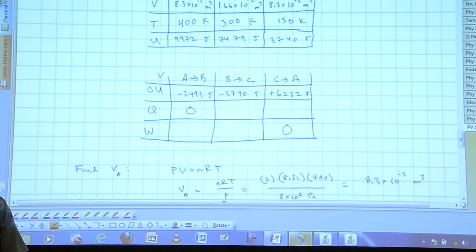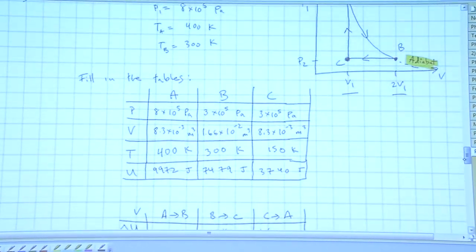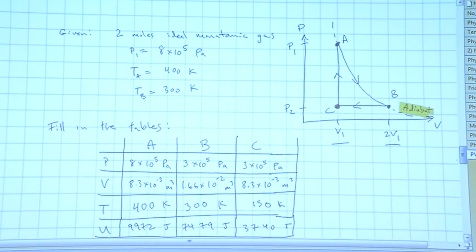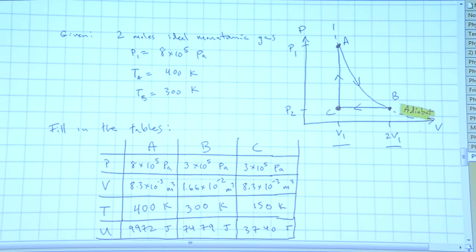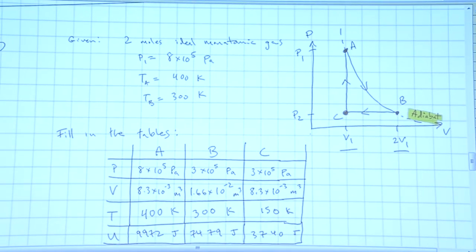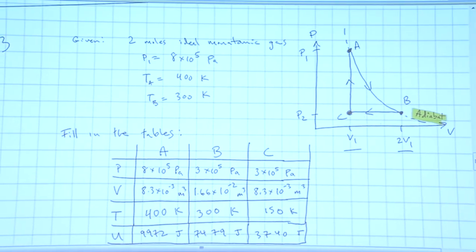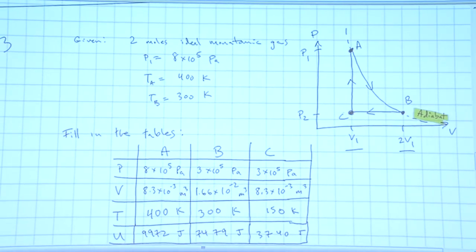Okay, the next thing we want to do, find the work done. And what can we do here? Well, we can find the work done from B to C. So let's do that, because that is a constant pressure process. So I'll write it in here in red.